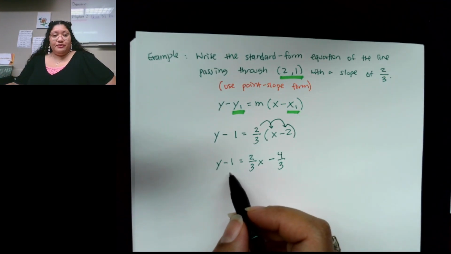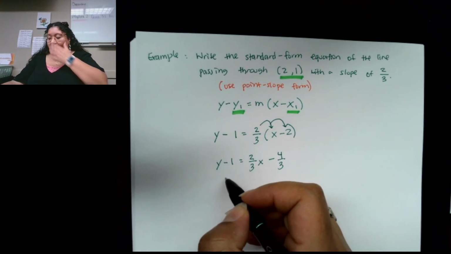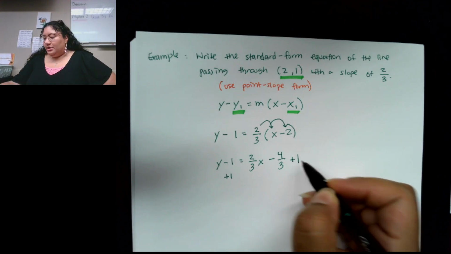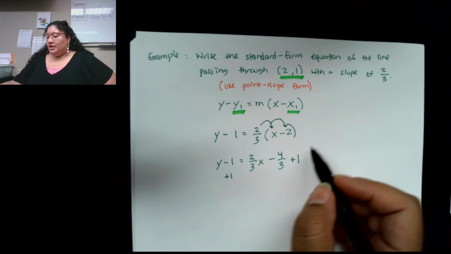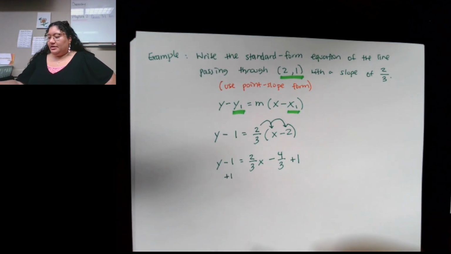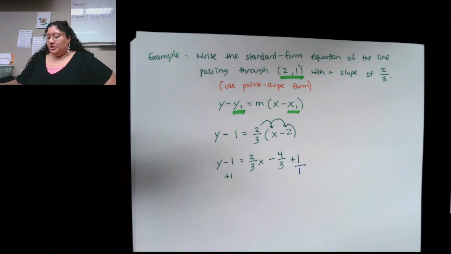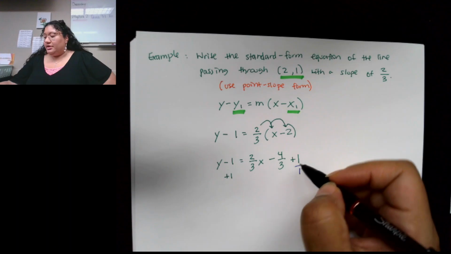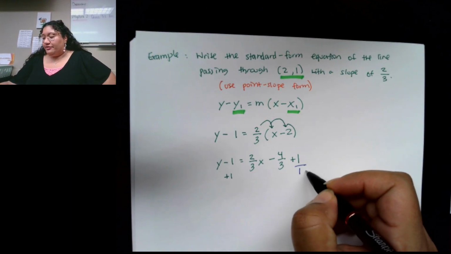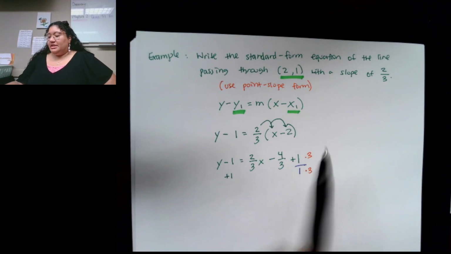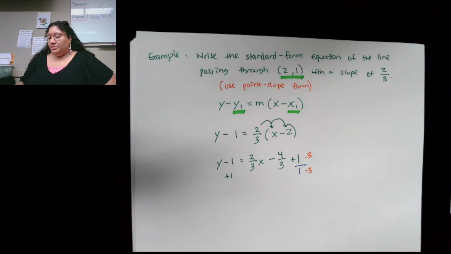How do I get rid of the negative 1? I add 1 to both sides. This 1 is secretly 1 over 1, and to actually do the math, I have to be able to multiply by 3. So, what's negative 4 plus 3?